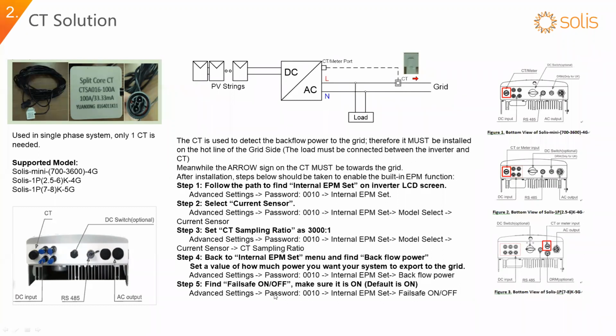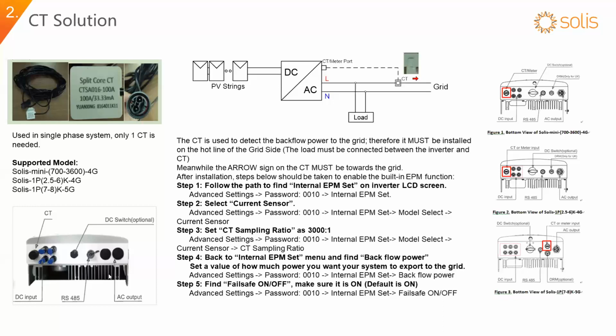So if you turn this failsafe function on and your CT connection is disconnected, the inverter will notice that, and it will just shut down and stop generating to make sure there's no extra backfeed power into the grid. That is a protection to prevent that kind of backfeed power.